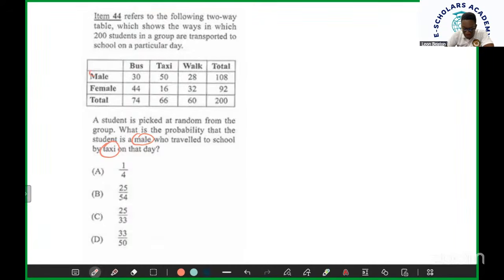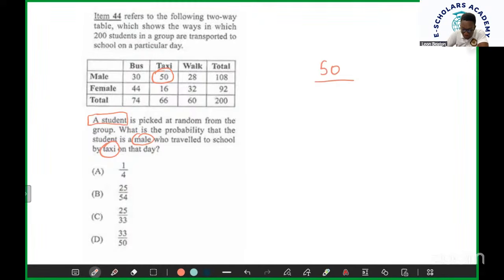So male, all the males would be across here. So 50 males travel to school by taxi. So it's 50 over, and this is the important number that you got to put it over. It said a student is picked at random. They didn't say a male student. A student, so it can be anybody.